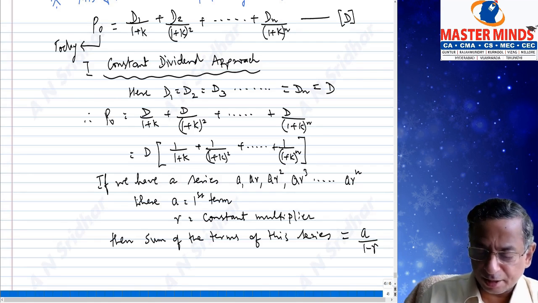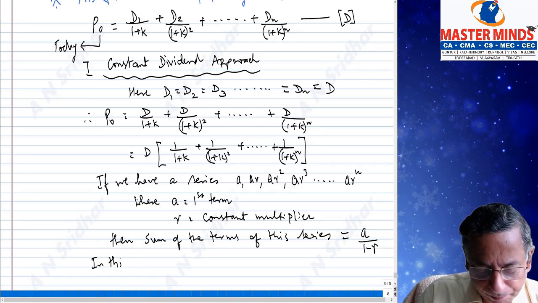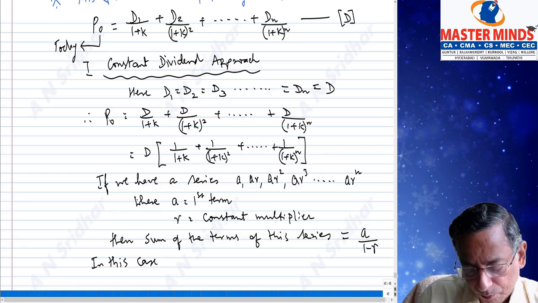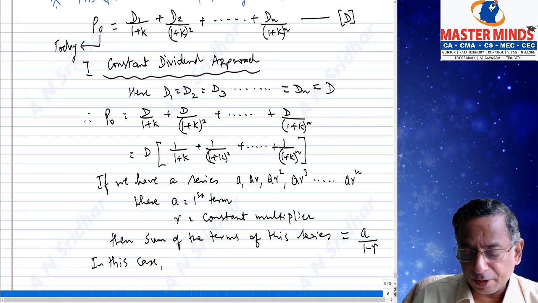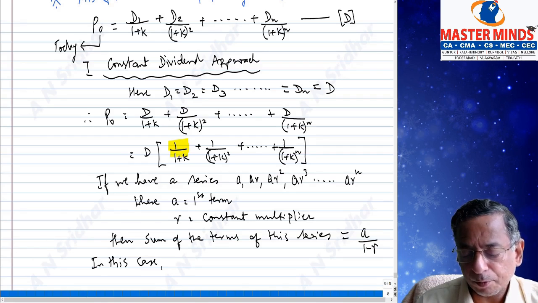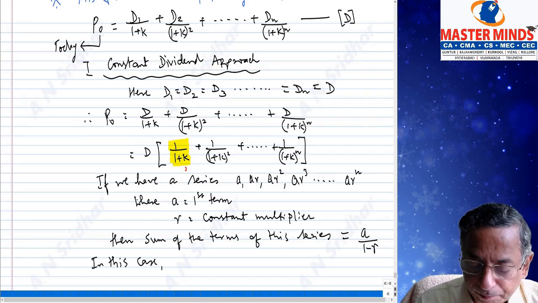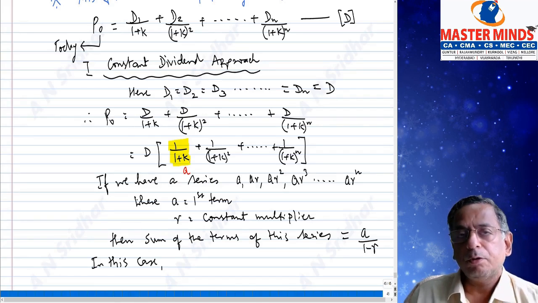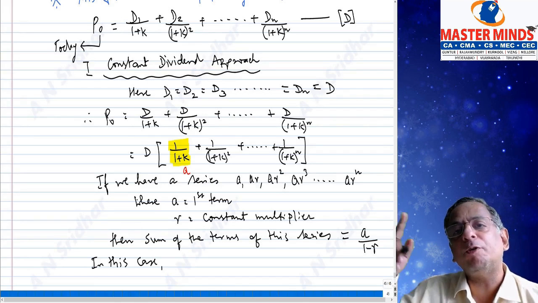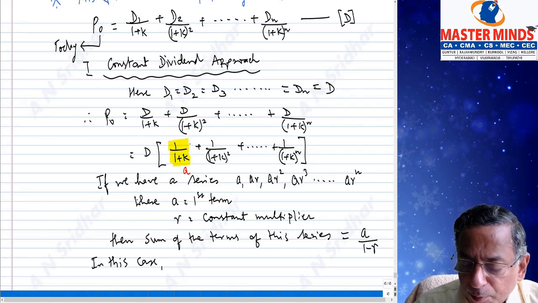So in this case, you can see the first term. So this is our A. Now what is getting multiplied to every term? What is the constant multiplier?